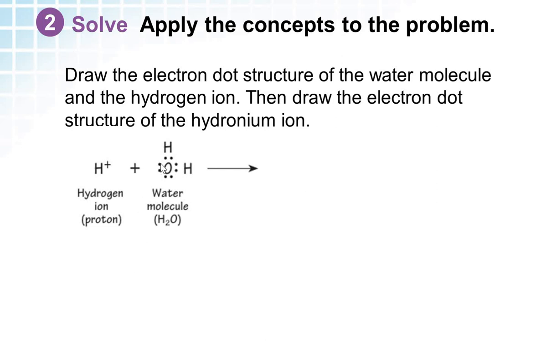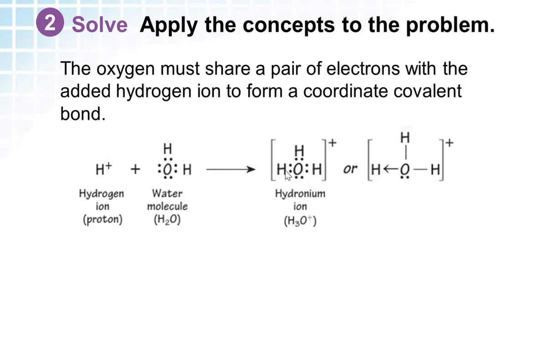The unshared lone pair will form a coordinate bond with the hydrogen as follows, and we have here a single covalent bond and a single covalent bond. So one of those two unshared pairs will coordinate with hydrogen to form the coordinate covalent bond, the hydronium ion.